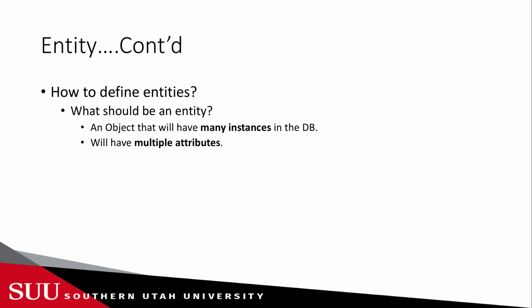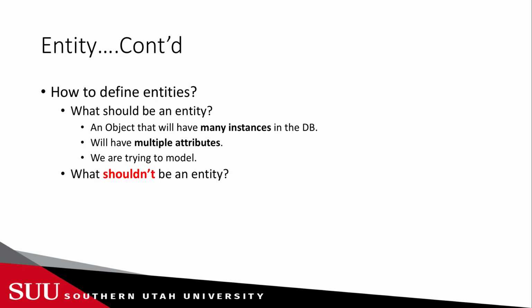Those instances will have multiple attributes, and we are trying to model those attributes in our database. There will be some instances with multiple attributes, but we do not want to model them in the database. So they don't mean anything to the business we're trying to model, and this is not going to be an entity in that specific problem.